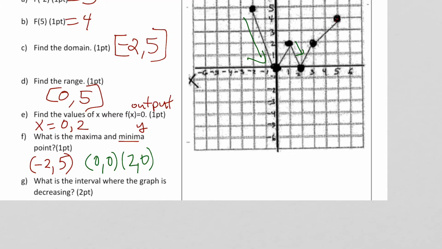So where is it starting and ending? This one's starting at -2 to 0, and it's also decreasing at 1 to 2. I think that was it for that one.